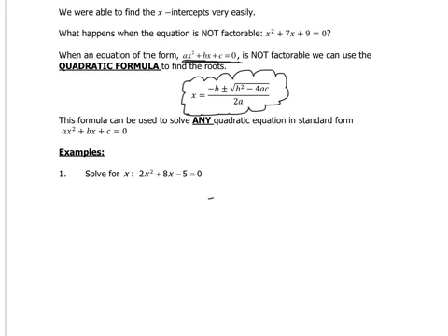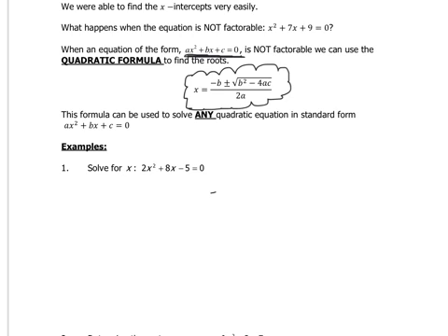So the first equation says to solve for x, given 2x squared plus 8x minus 5 equals 0. That is in the form that we want, and in this case a would be 2, b would be 8, and c would be negative 5.